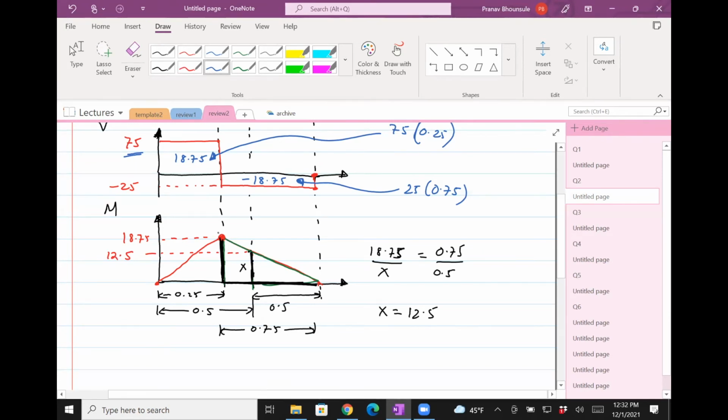So we have two candidates. As I said, this is one candidate where the stress will be maximum, and that's because the moment is maximum. Here's another candidate where the stress could be maximum, and that's because not because the moment is maximum, but because there's a stress concentration, there's a change in geometry. So let's compute stress at both those points.